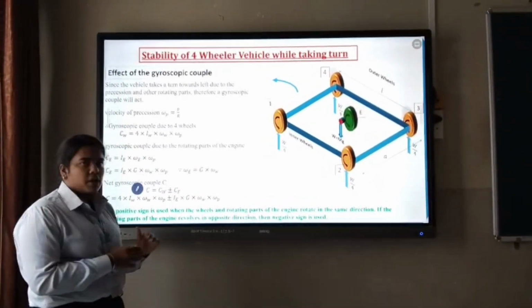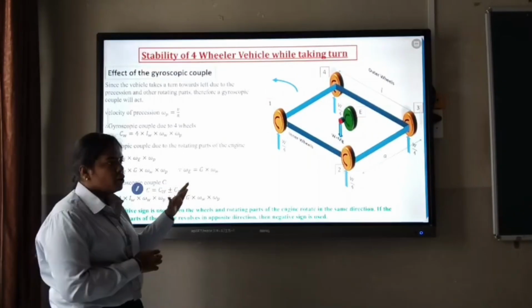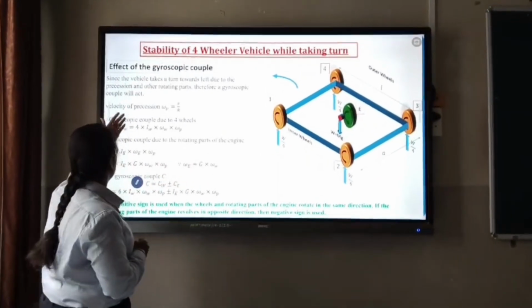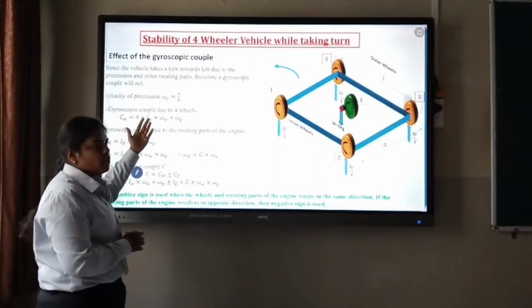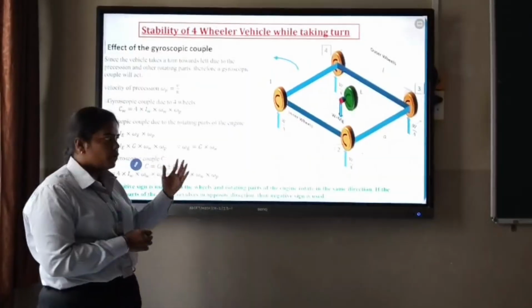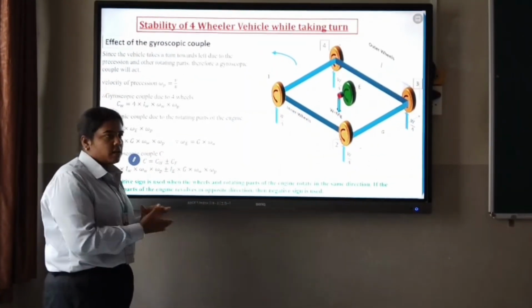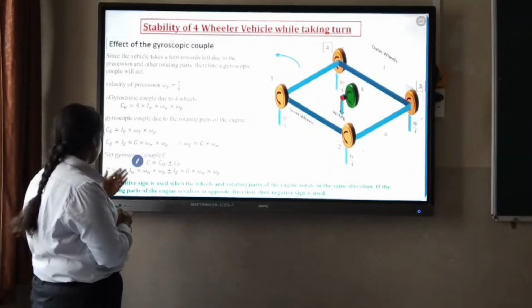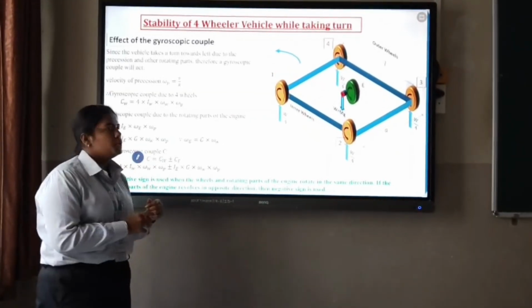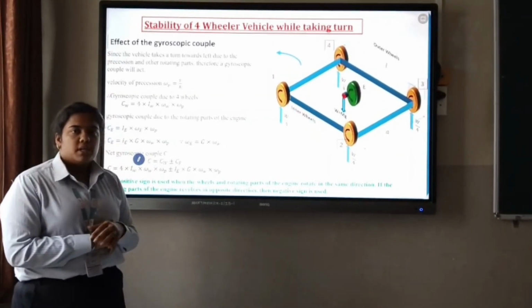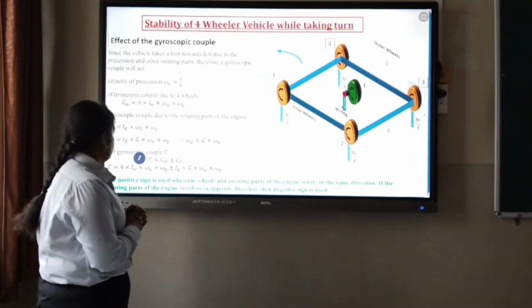The net gyroscopic couple acting on the vehicle is the addition of the gyroscopic couple acting on the four wheels and the gyroscopic couple due to the engine rotating parts. Then the net gyroscopic couple is C equals CW plus or minus CE.